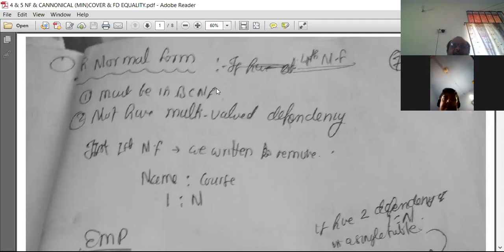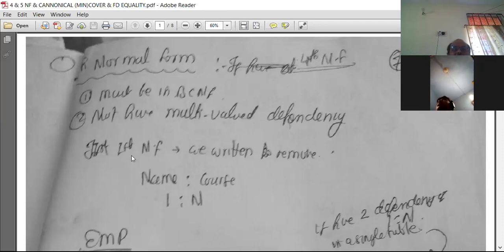That is why BCNF is also said to be 0% redundant. After this, single value dependency is already removed. But for 4NF, if we want the table in 4NF, no multi-value dependency should be there.